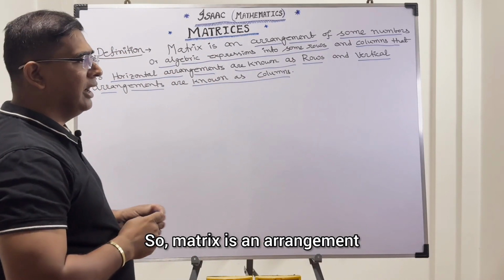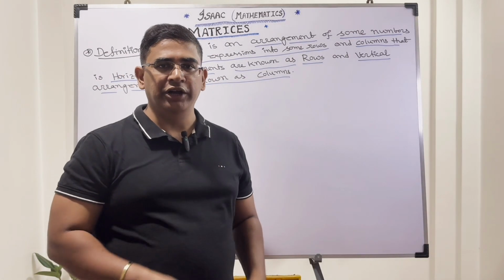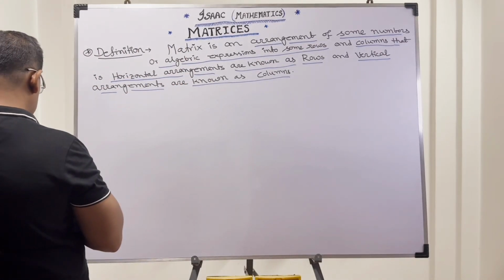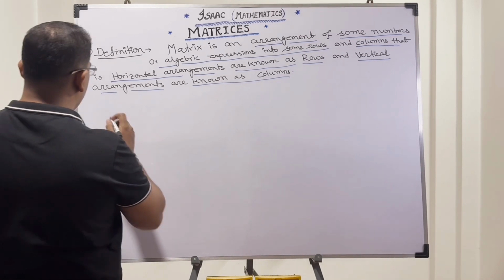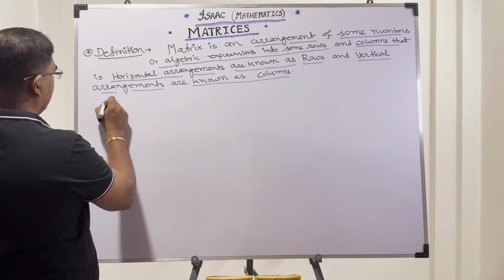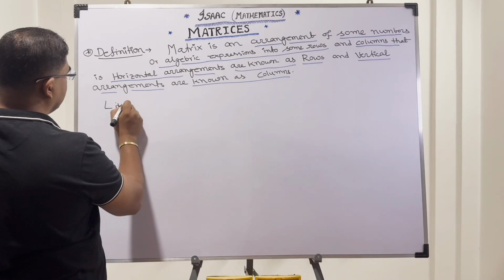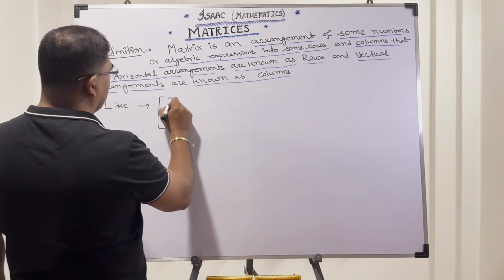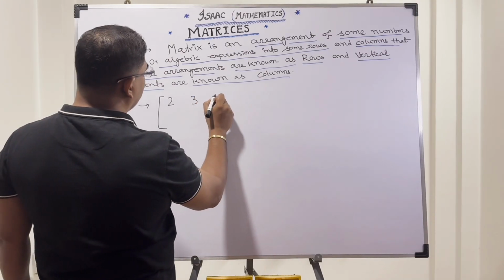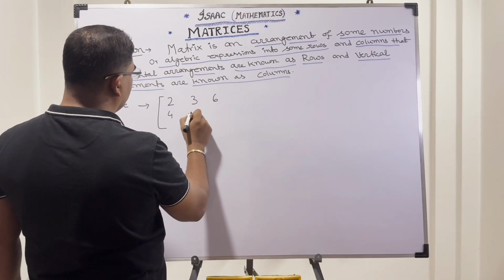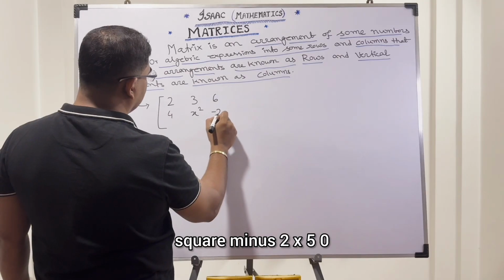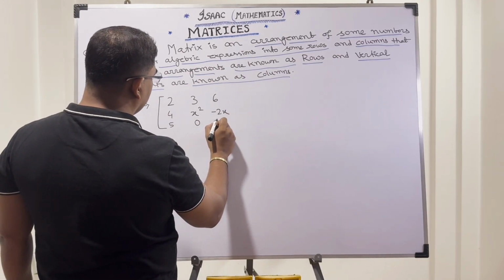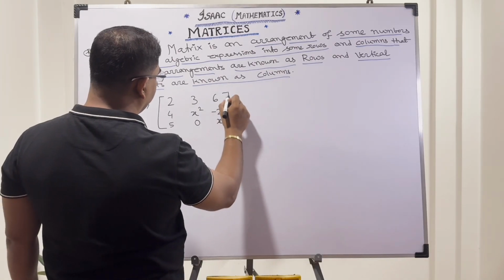Okay. So matrix is an arrangement. Like the arrangement of 2, 3, 6, 4, x squared minus 2x, 5, 0, x cube.